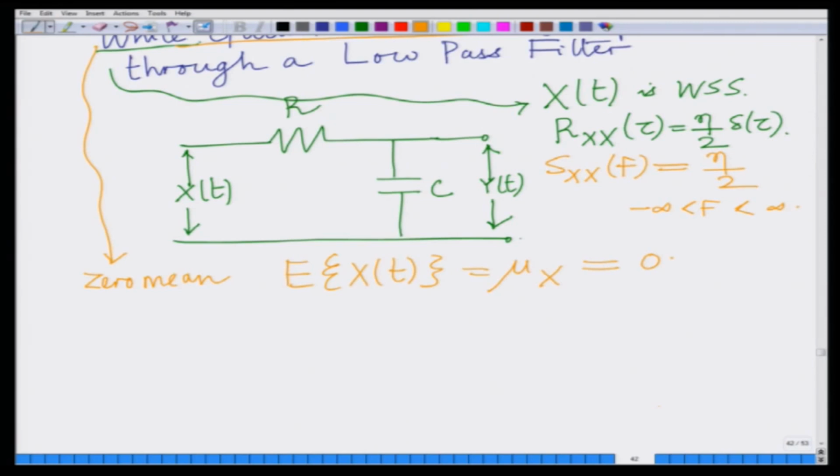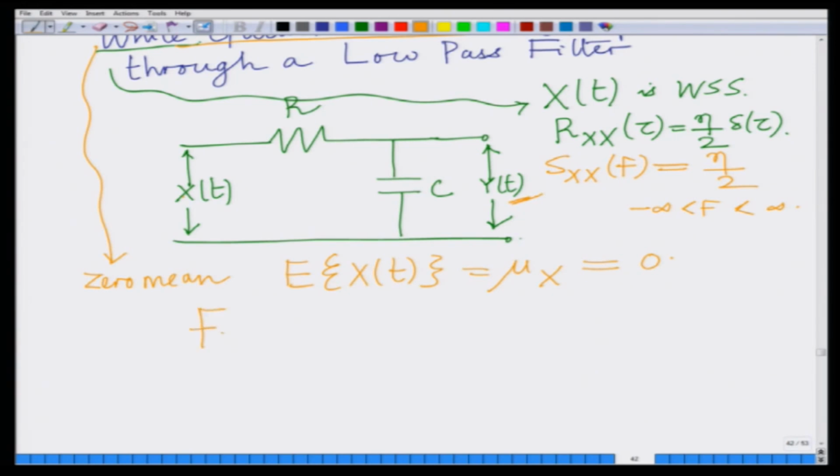This xt is 0 mean white Gaussian noise with power spectral density eta by 2, which we are passing through this RC filter, and yt is the output.